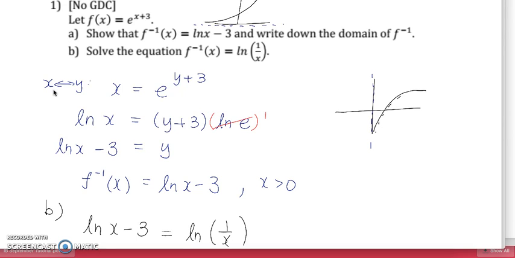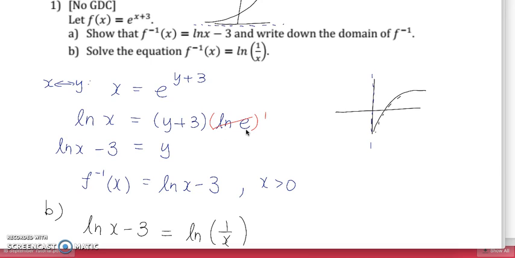First, we interchange x and y in the original f of x equation. So you have x equals e to the power of y plus 3. Ln both sides of the equation. This gives you ln x equals y plus 3 ln e, because we are allowed to bring the exponent of a power in front of the ln of that base.